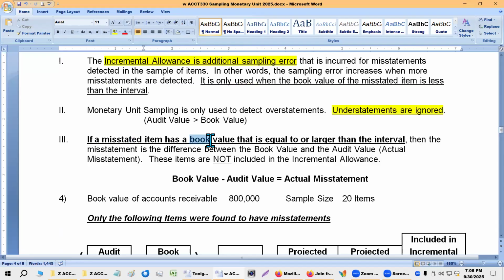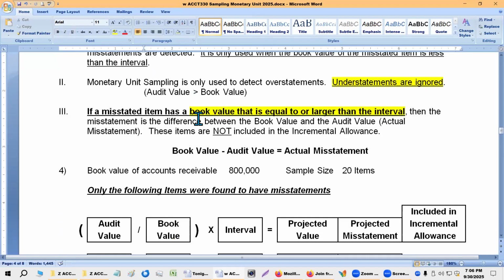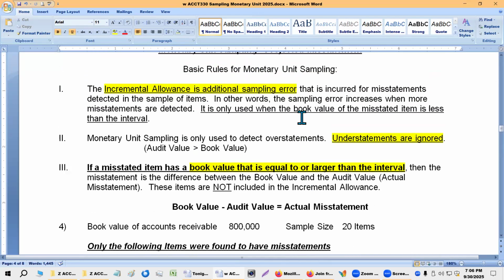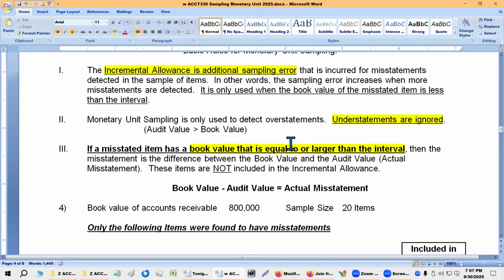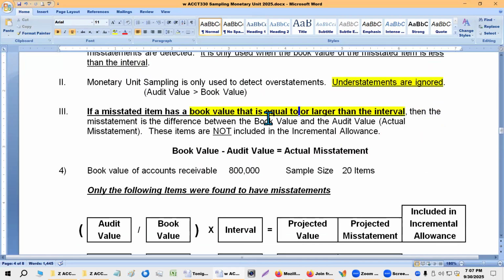If the book value is equal to or larger than the interval, then we actually go to what the actual misstatement is. We'll talk about that in a second. Okay, let's see how these things work out.